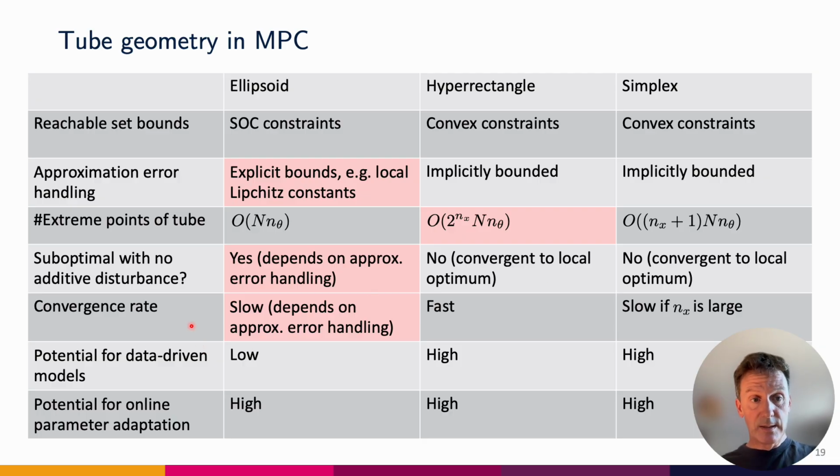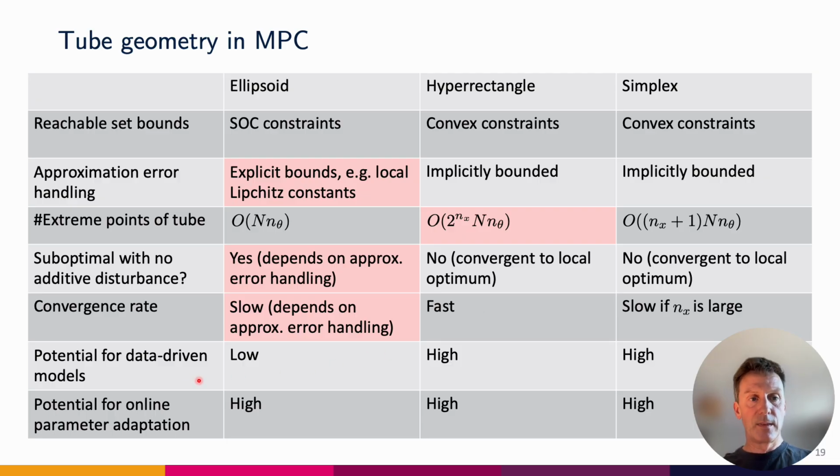In terms of convergence rates, the ellipsoidal tube MPC approach can be slow, again depending on how the linearization errors are handled. Comparing the hyperrectangular and simplex approach, typically the hyperrectangular tube approach has much faster convergence than the simplex approach, especially if the state dimension is large, and that's because the tube gives you a more efficient bound on the reachable sets for the states.